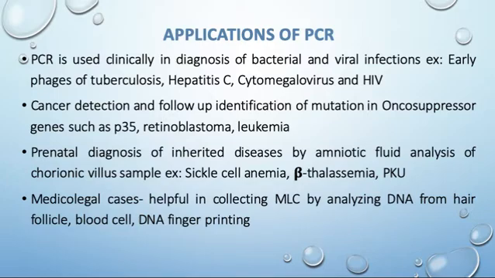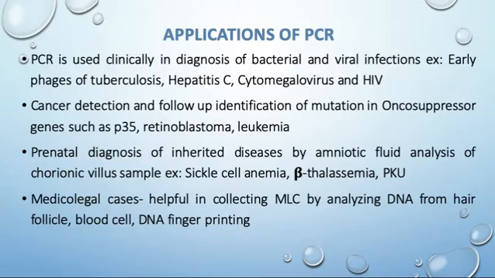PCR is also useful for the prenatal diagnosis of inherited diseases, by analysis of amniotic fluid or a chorionic villus sample, which is taken by amniocentesis. Examples are sickle cell anemia, beta-thalassemia and PKU or phenylketonuria.